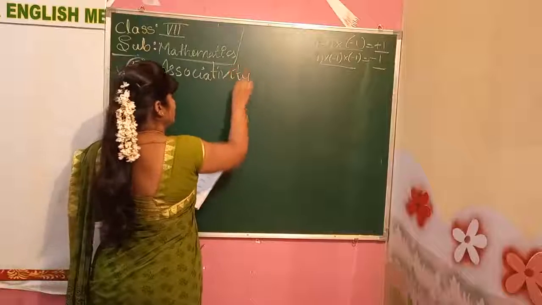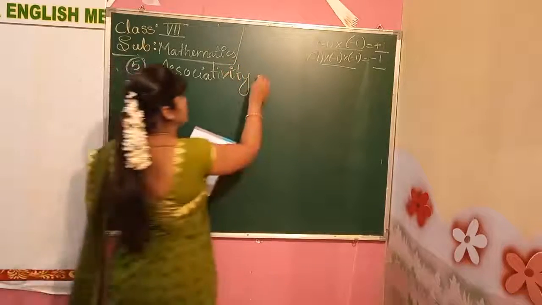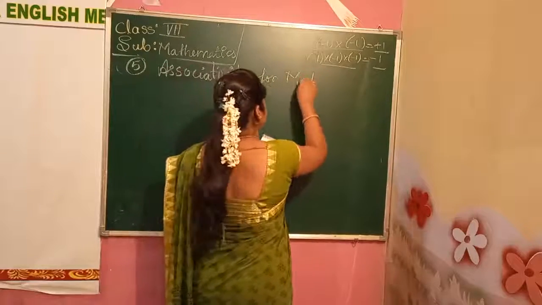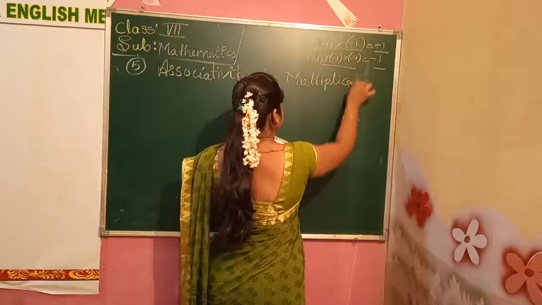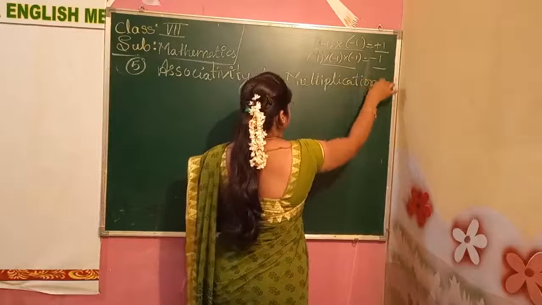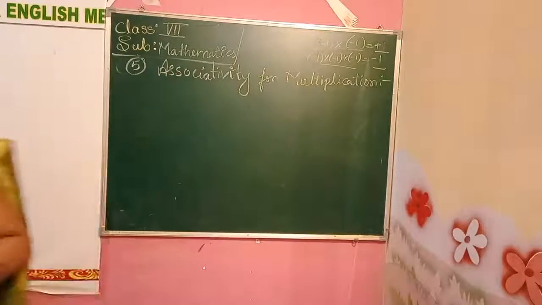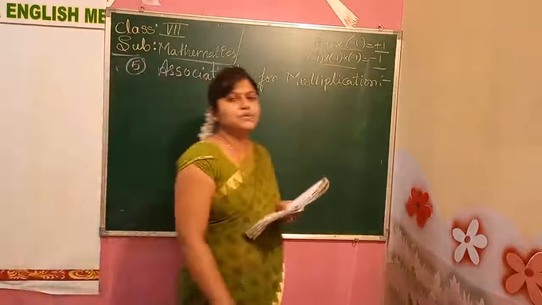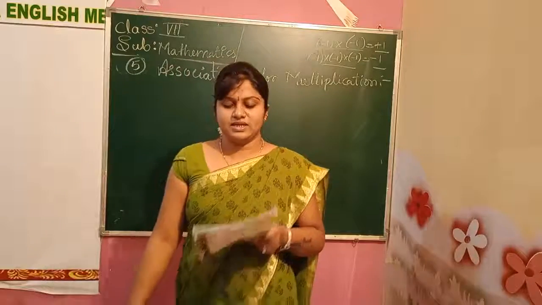This is the fifth property. Associative property means when we have more than 2 integers, we get a little difficulty in that, children.